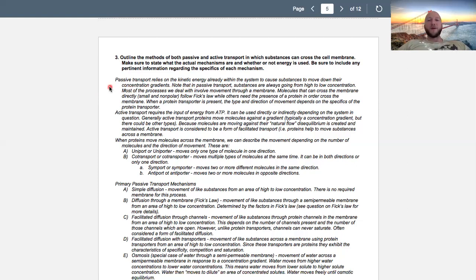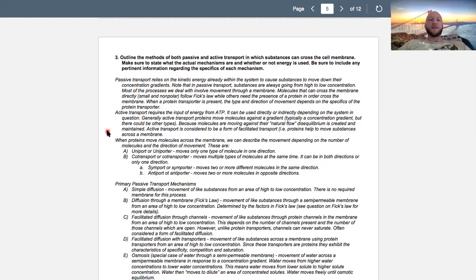With passive transport, the energy required is already set up in a concentration gradient. Things move from high concentration to low concentration. Now there's different mechanisms. We'll get into those in a moment, but everything that's passive transport will have those characteristics.